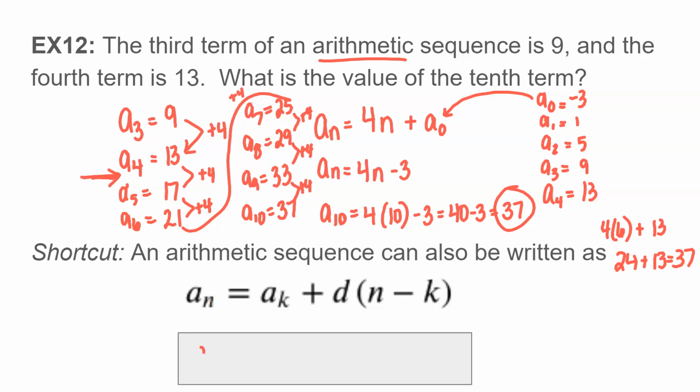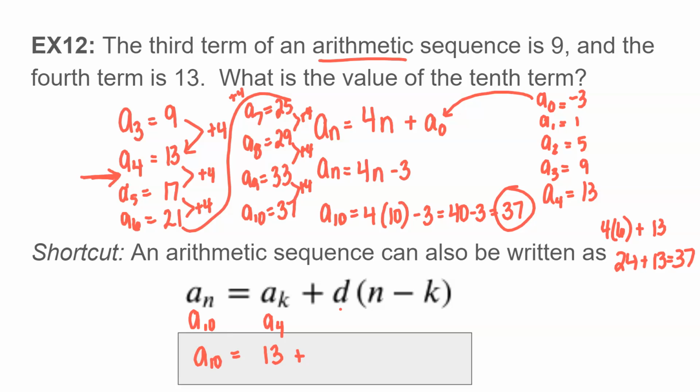In our case, it's 10. Right? Now, because we want to find a sub 10. But we don't have a sub 10. We got to start from somewhere, but it's not a sub 0 because they didn't give us a sub 0. I'm having to start either from a sub 3 or a sub 4. It doesn't matter which one you use, but I'll use a sub 4 right there, which a sub 4 is 13.